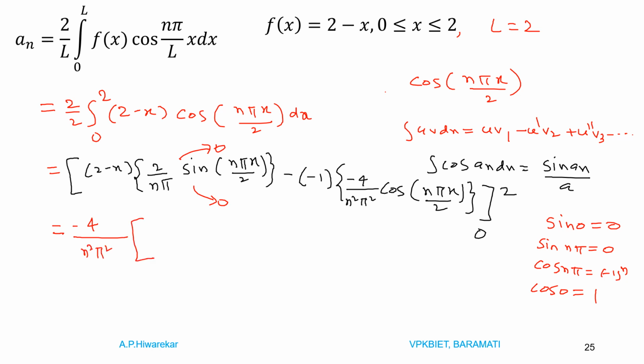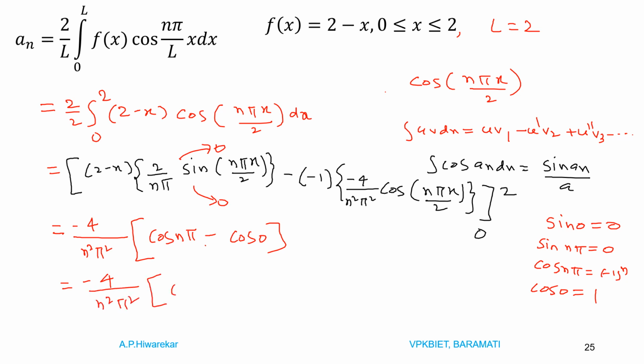We apply the upper limit, meaning x as 2, so n pi into 2 divided by 2 gets cancelled, so it is cos of n pi for the upper limit, minus cos 0, and that's why it is minus 4 divided by n square pi square.